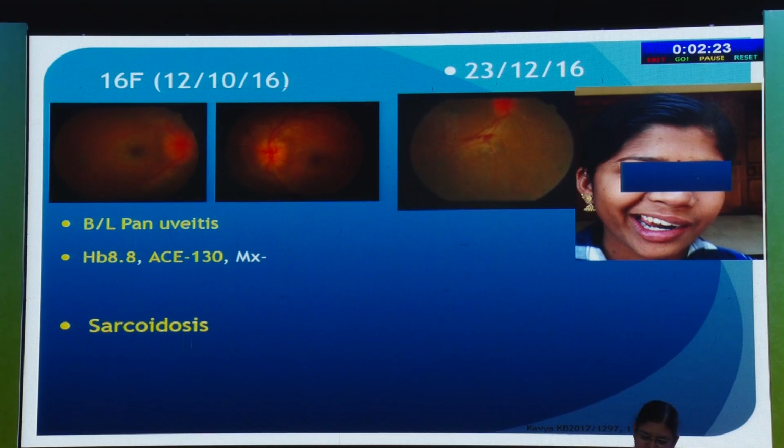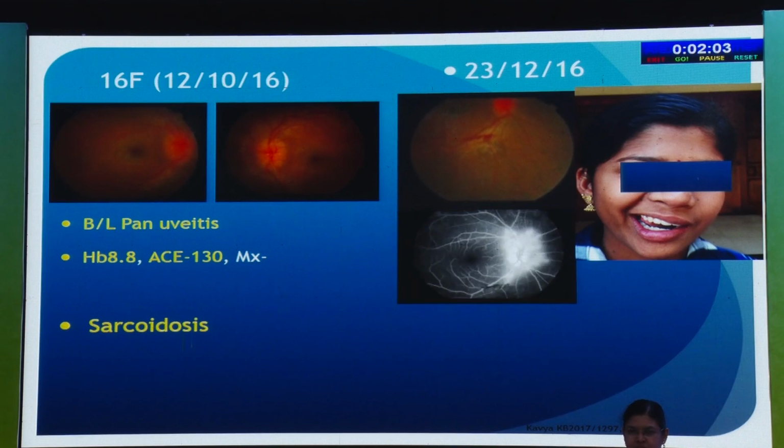We did not actually get a tissue diagnosis because they were reluctant for a biopsy, and they also did not do a CT thorax, but all the blood tests were done, and MRI was also done to rule out any mass. Then we started systemic steroids, probably a little reluctantly, and on treatment, she developed hemorrhages, and also she developed a facial palsy.